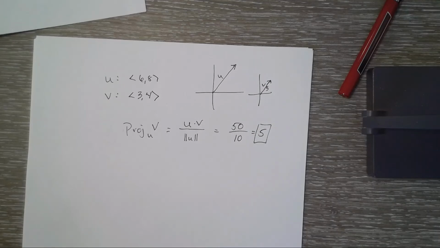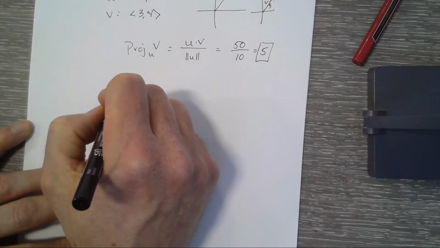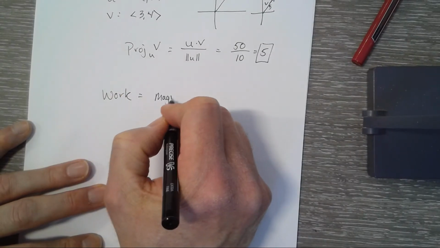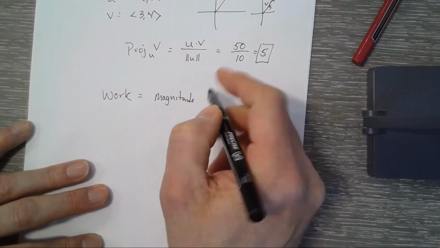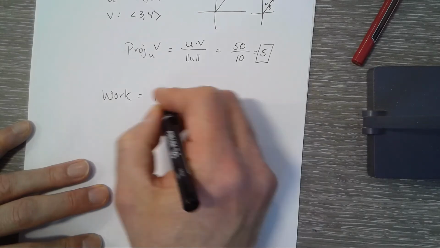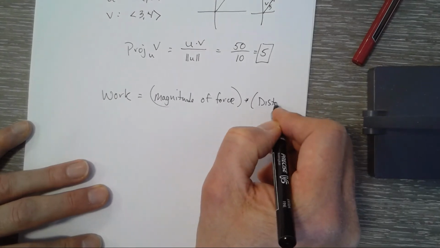Almost done. All right. The work, another equation, is equal to magnitude of force times the distance. So basically force times distance.